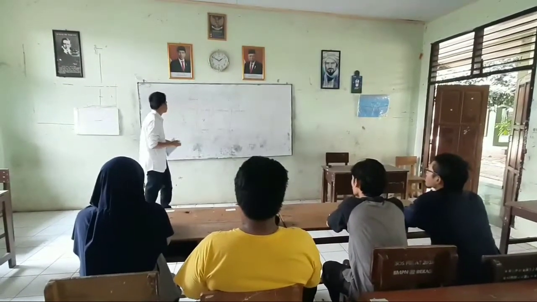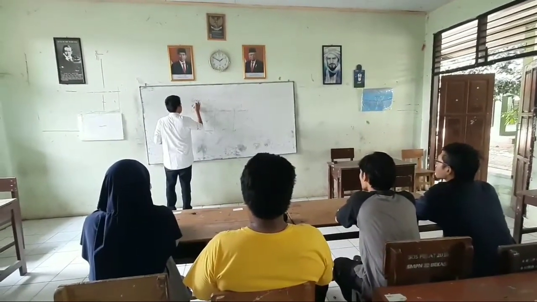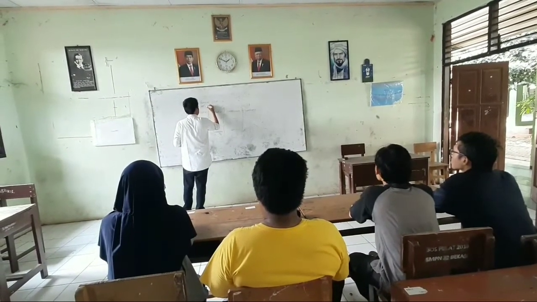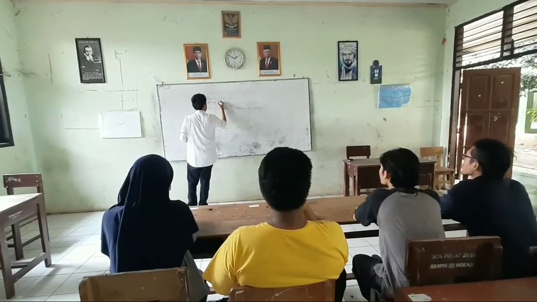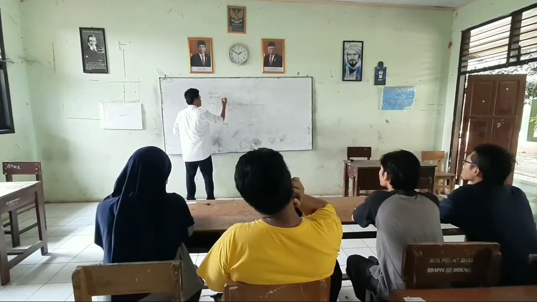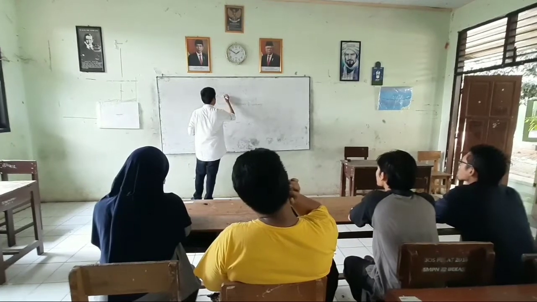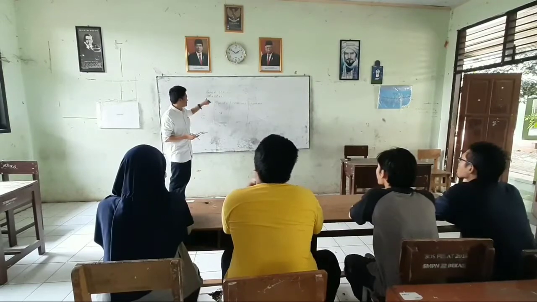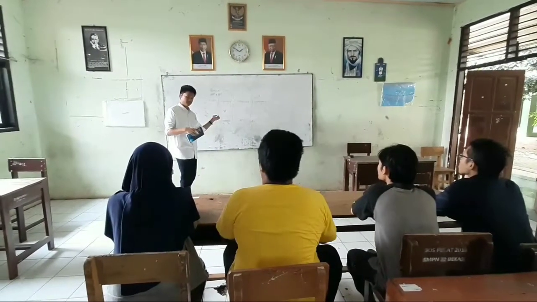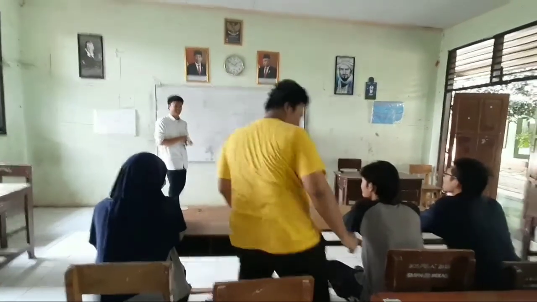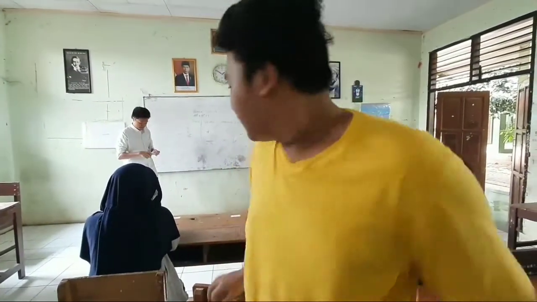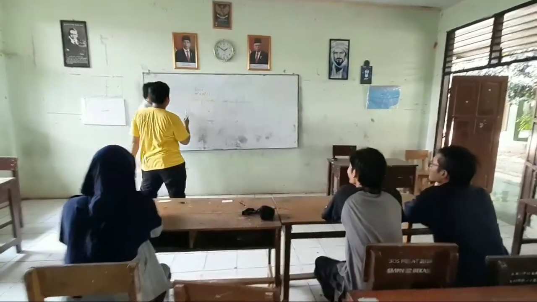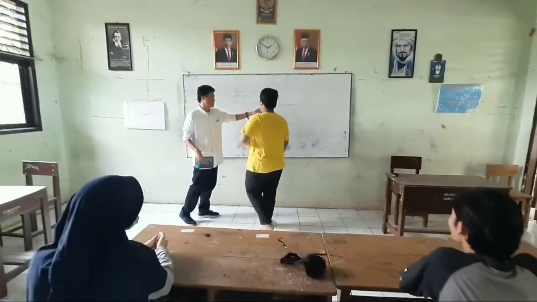If we have 4p to the power of 5 plus 4p squared plus 4. So, Fauzan, can you answer this question in front of the class? Oh, okay. Just go forward. Please determine which part is the variable, coefficient, and constant.